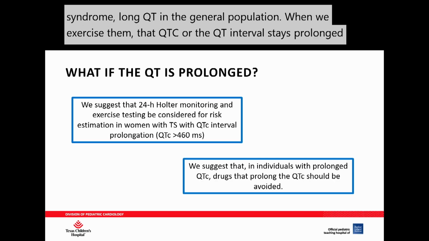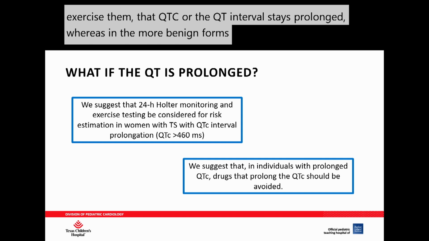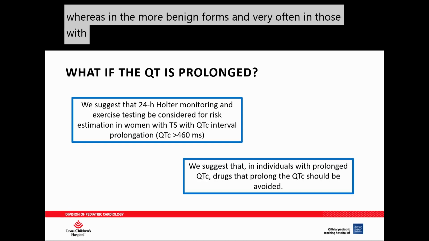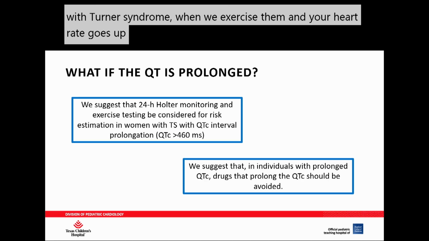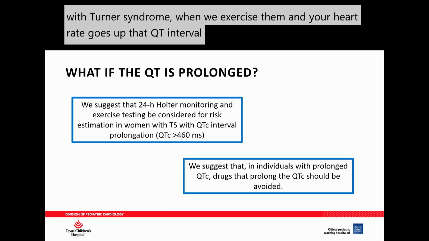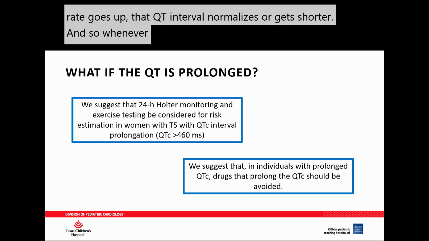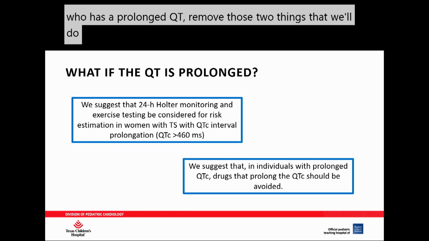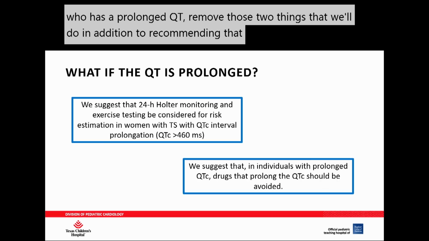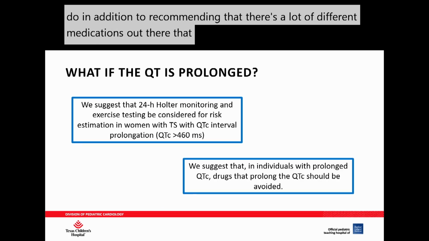Whereas in the more benign forms, and very often in those with Turner syndrome, when we exercise them and the heart rate goes up, that QT interval normalizes or gets shorter. So whenever we have a patient with Turner syndrome who has a prolonged QT interval, those are two things that we'll do, in addition to recommending that there are a lot of different medications out there that can cause the QT interval to be prolonged.